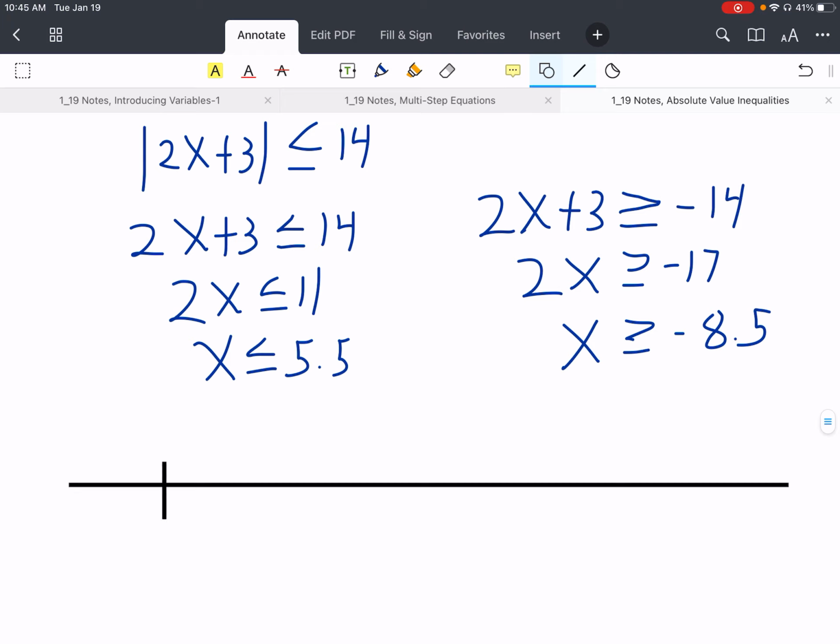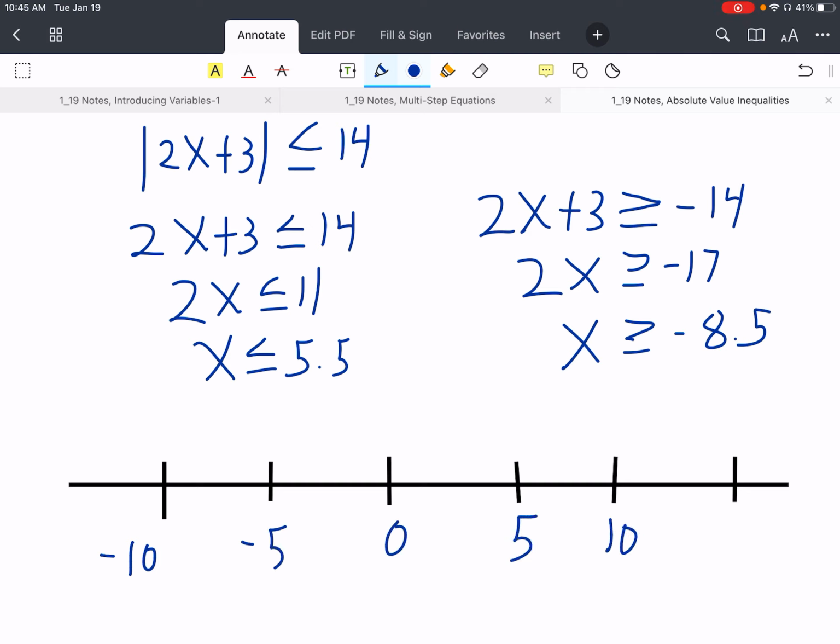If we had a number line with negative 10, negative 5, 0, 5, 10, we would have x less than or equal to 5.5 and greater than or equal to negative 8.5, and that would be shaded towards the middle.